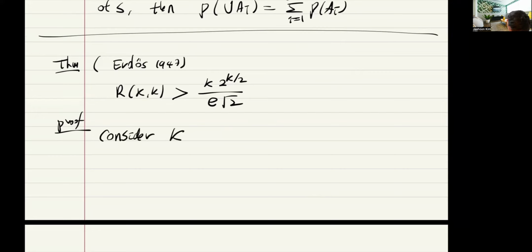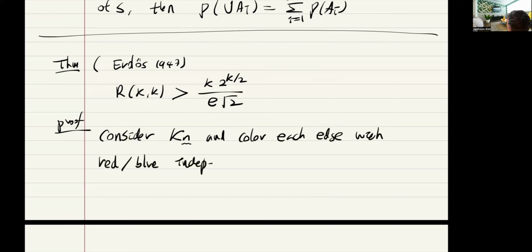We consider a complete graph K_n, for some n that I haven't defined yet, and we color each edge either red or blue independently with probability half.